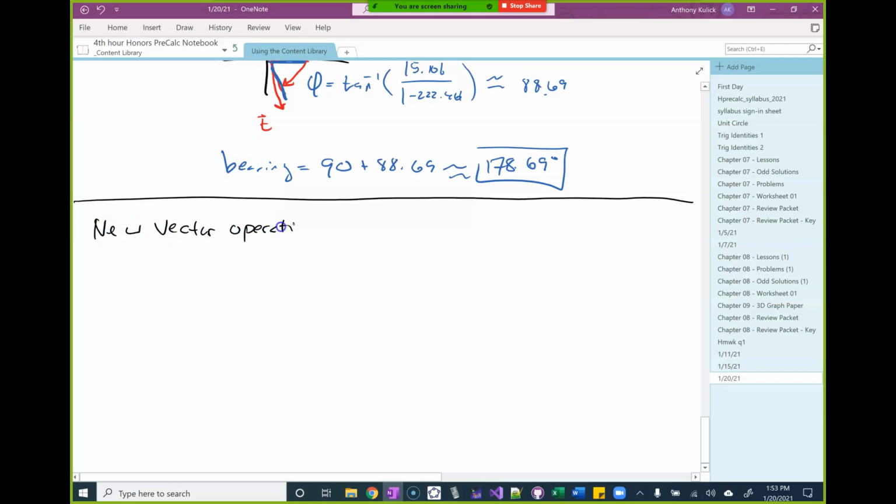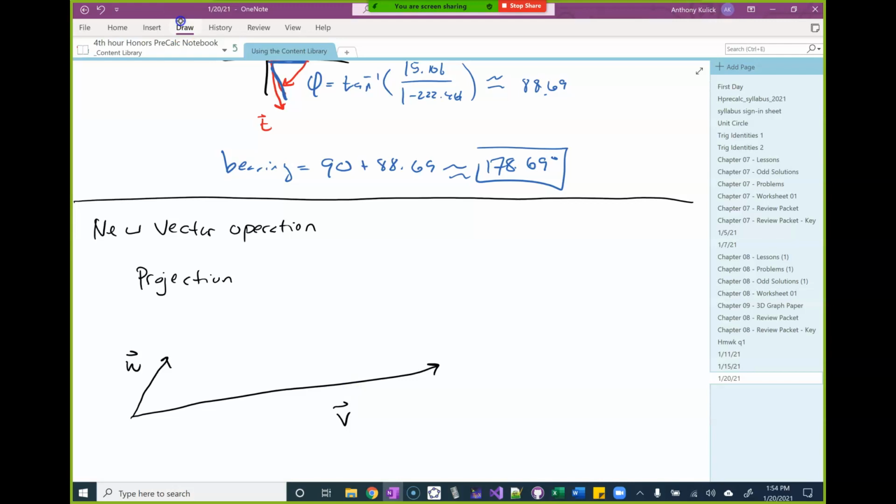So let's say we have this vector u and this vector v. What is often going to be valuable in a real world situation is if I draw a line perpendicular from u to v, and then I talk about the vector formed on v to that point, we call that vector the projection of u onto v.